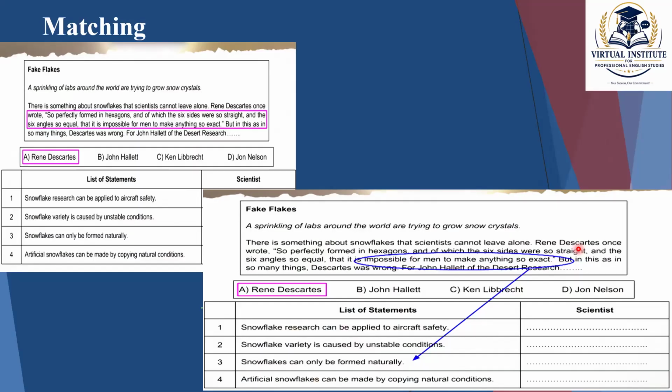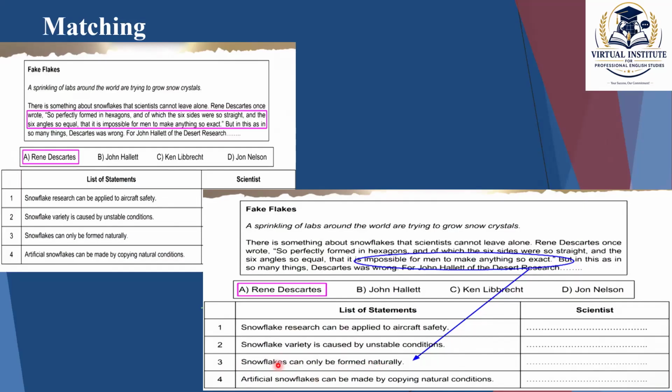You might find information related to a person more than once. But you need to be careful and look for what you are looking for. Here, we are looking for snowflakes that can be formed naturally.